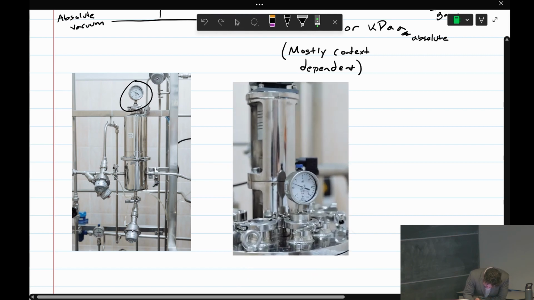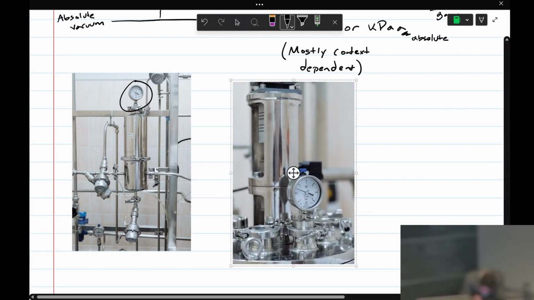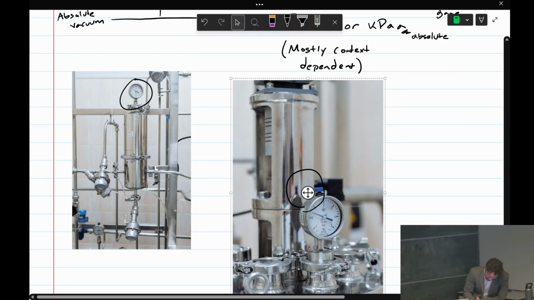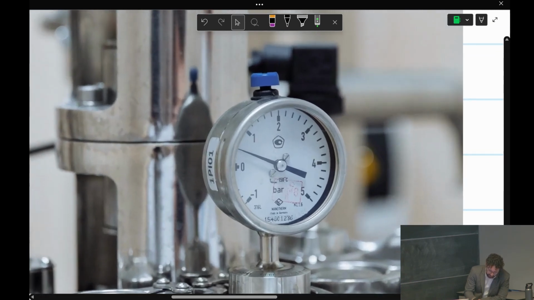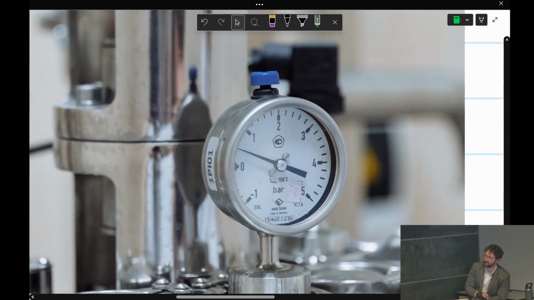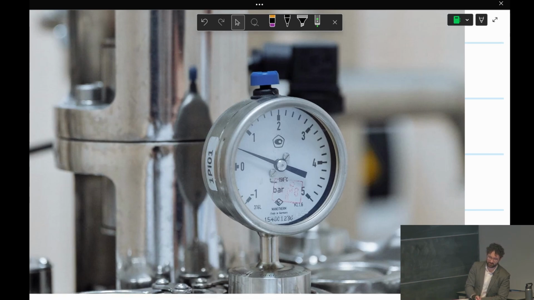Again, another pressure gauge. That looks like it's in bar. If I make this bigger, you can see the pressure on this actually goes to negative. So that tells you it's a gauge pressure because you can't have negative absolute pressure.